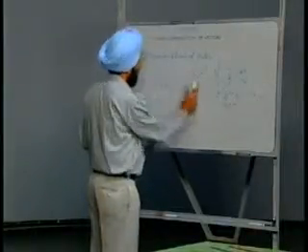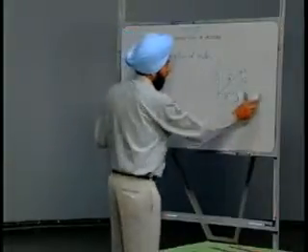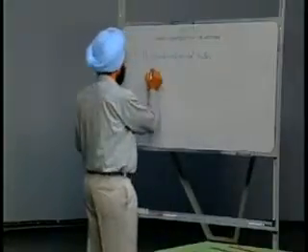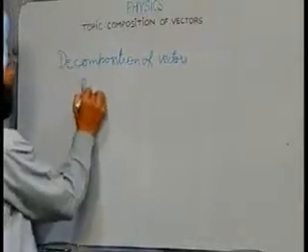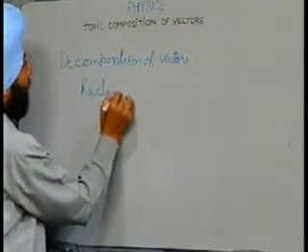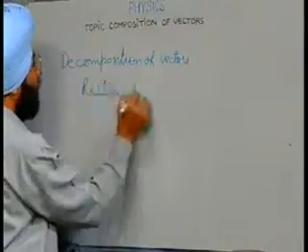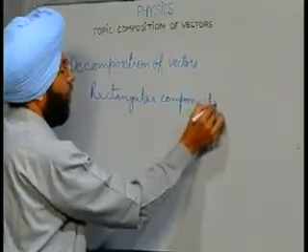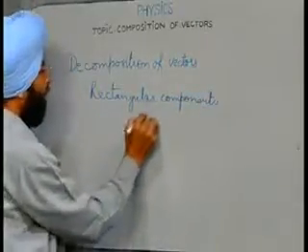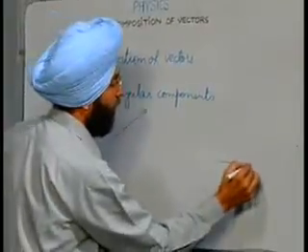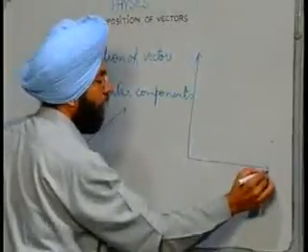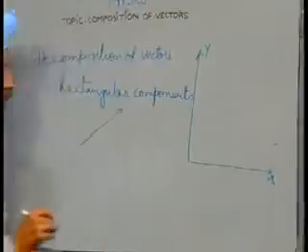Now, we come to the case when the two axes are perpendicular to each other. Components in that case are known as rectangular components. Suppose we have a vector A, we want to resolve this vector A into two components along x axis and y axis.